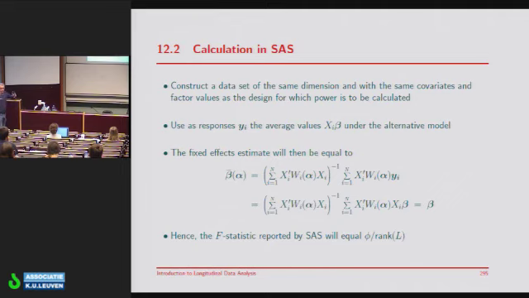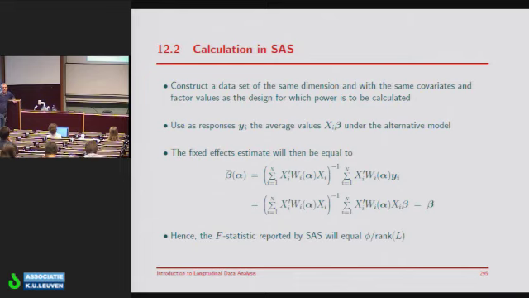So if I construct that data set, I put it in proc mixed, I fit my model in proc mixed, and I ask for the F statistic for that particular hypothesis I'm interested in. I know that this F statistic, apart from the rank L in the denominator, will be the non-centrality parameter I was looking for.